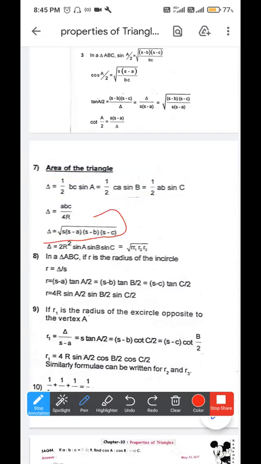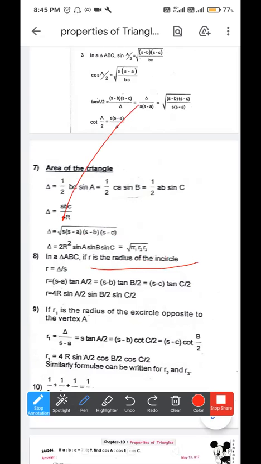The next formula is delta is equal to root of s into (s minus a) into (s minus b) into (s minus c). And one more formula is delta is equal to 2R square sin A sin B sin C, which is also equal to root of r1 r2 r3. So these are the formulas related to delta.